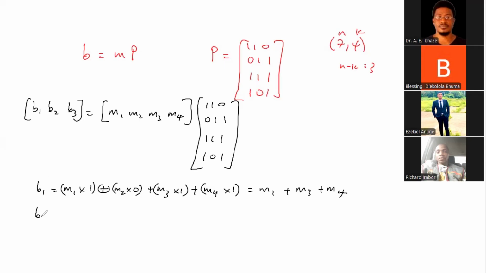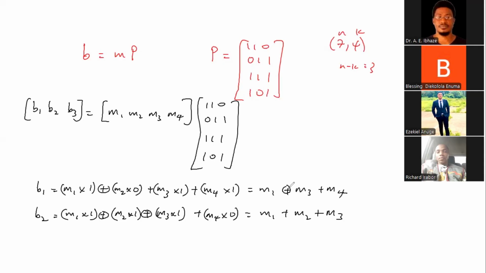And then for B2 we follow directly: M1 times 1 plus M2 times 1 plus M3 times 1 plus M4 times 0. So this will now give us M1 plus M2 plus M3, right? So don't forget it's modulo 2 addition.